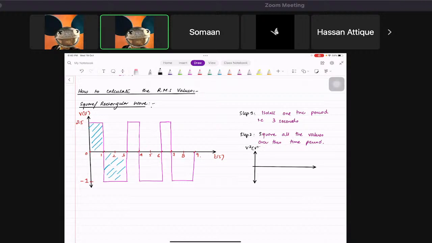If I square 2.5, that's going to be 6.25. So this value will be 6.25, for how much time? Till 1 second, because it was 2.5 till 1 second. And for the rest, seconds 2 and 3, if I square -1, it will become just 1. So the wave, basically, I've just squared it and brought it up. Is it clear?